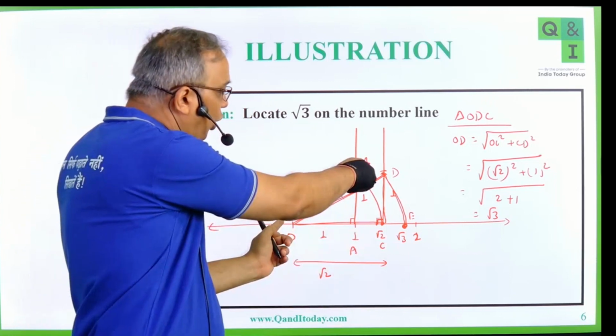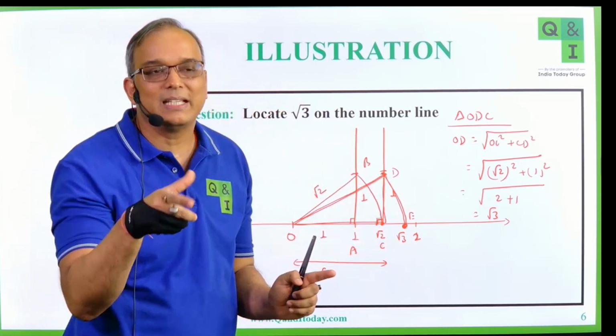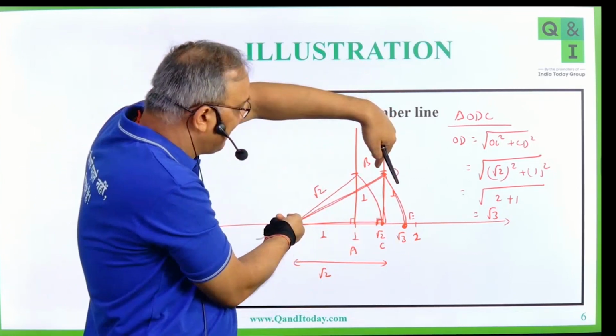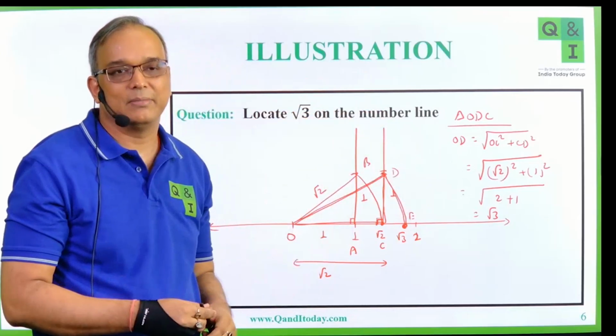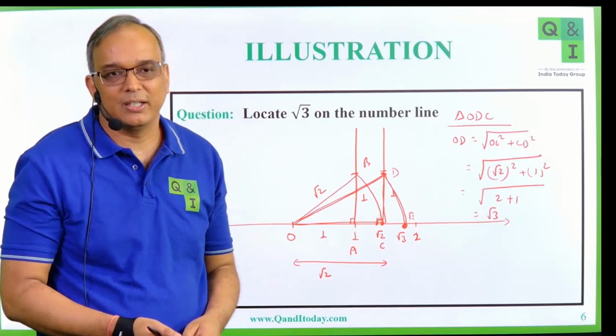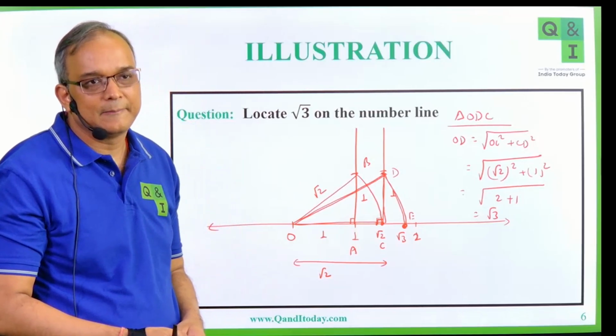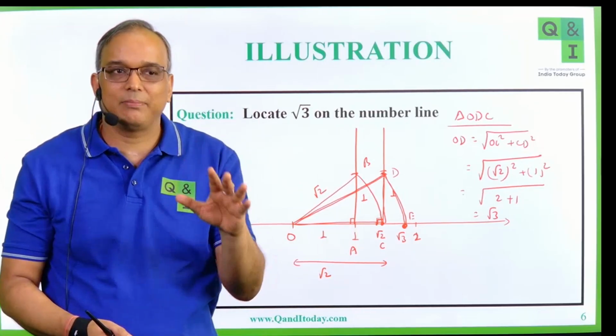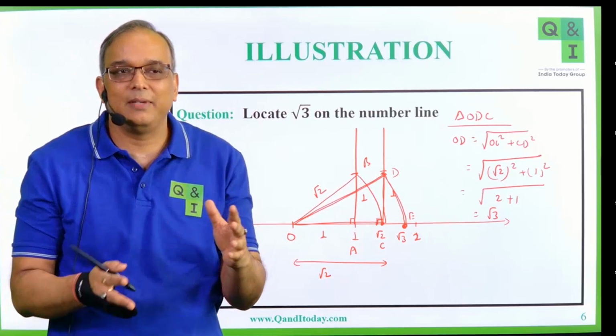So either you draw this curve using compass and pencil, or you measure it by divider. It's one and the same thing. Or you do it by scale. There are various methods of doing it, right? So I'm telling you that method which has been prescribed in your NCERT.